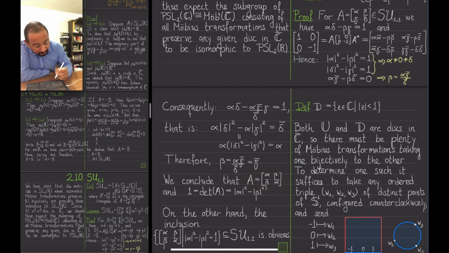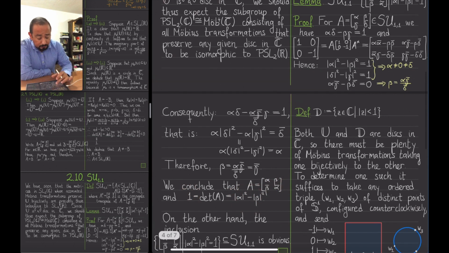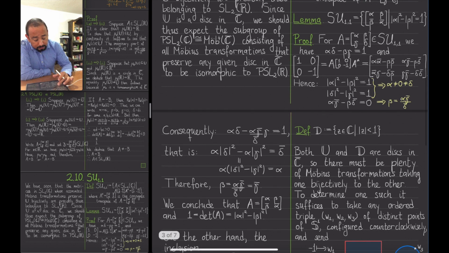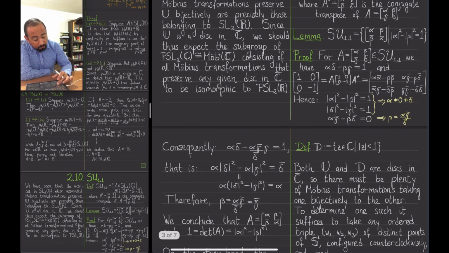And A always had determinant 1, right? But when you take the determinant, you obtain precisely the square of the norm of alpha minus the square of the norm of beta, and that is equal to 1. Okay, so this means that so far what we have shown is this inclusion, that every element of SU(1,1) has the desired form.